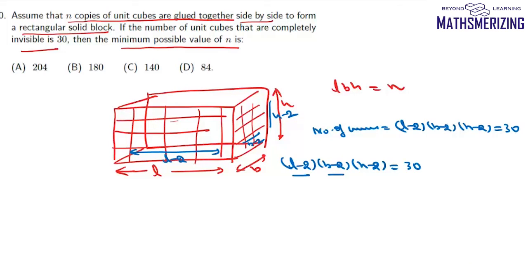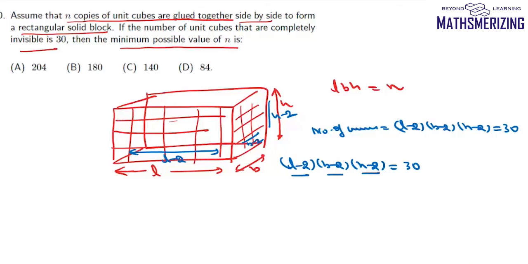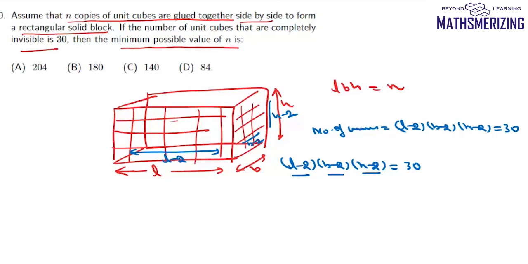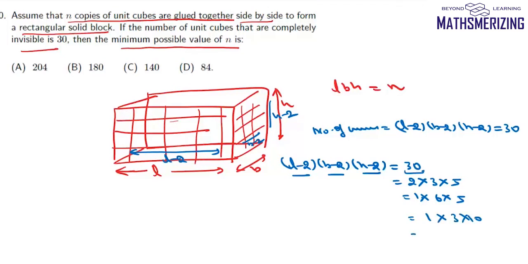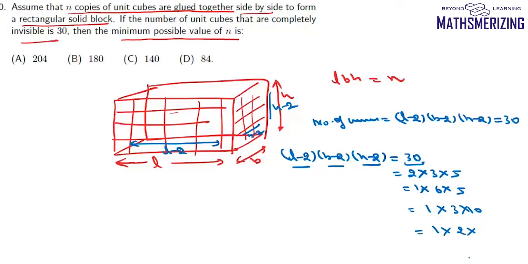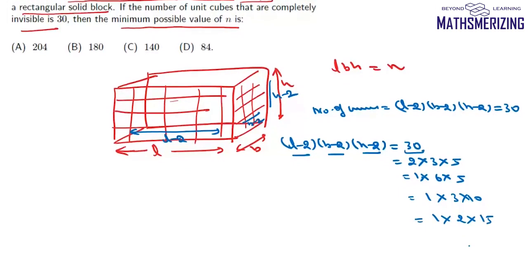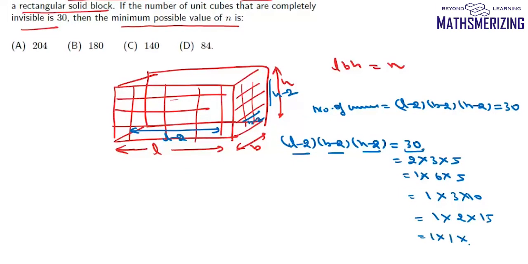Now these L minus 2, B minus 2 and H minus 2 must be positive integers. So that means I have to express this 30 as a product of integers. So I can write this 30 as 2 into 3 into 5, or I can write it as 1 into 6 into 5, 1 into 3 into 10, or 1 into 2 into 15, or 1 into 1 into 30.